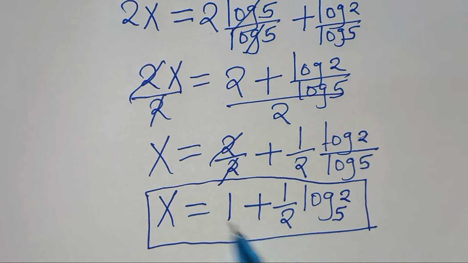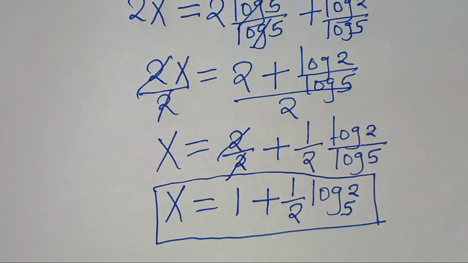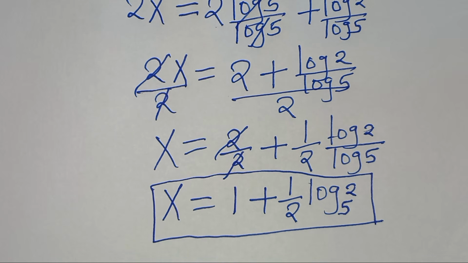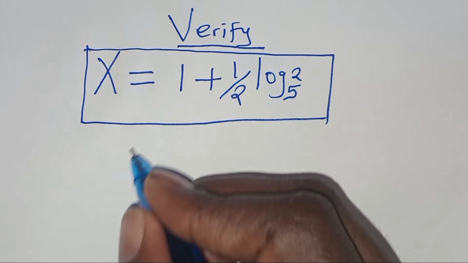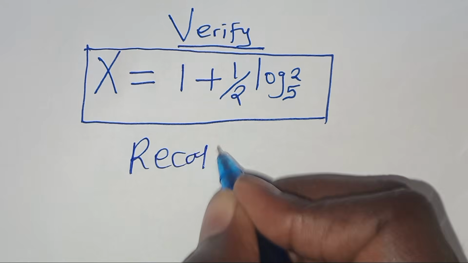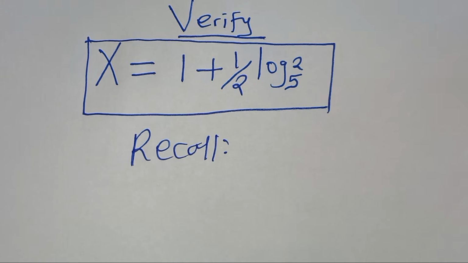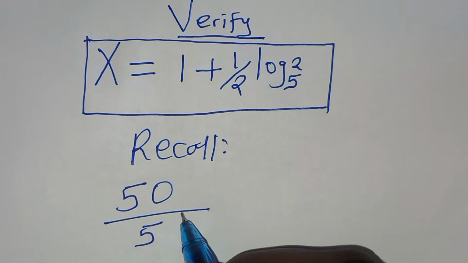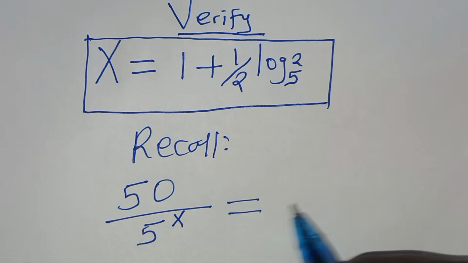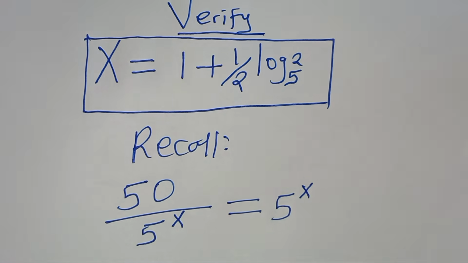The next step is to verify that this value of x satisfies the equation. If you recall, we had 50 divided by 5 to the power of x equal to 5 to the power of x.